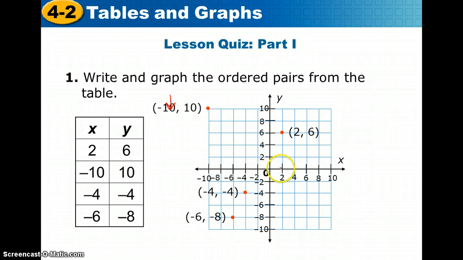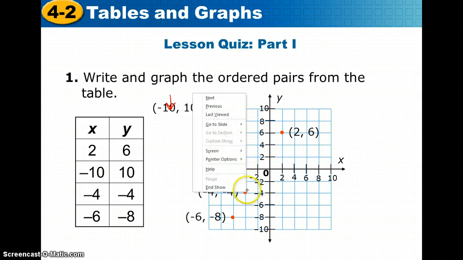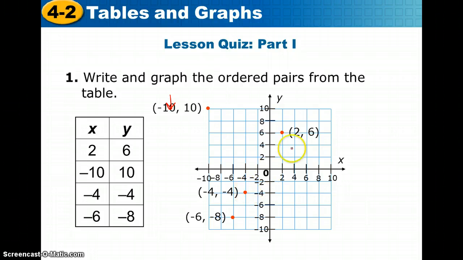You had to go over 2, up 6 for the first one. You had to go -10, and then up to 10 for the second one. You had to go -4, -4 for the third one, and we had to go -6, -8 for the fourth one.